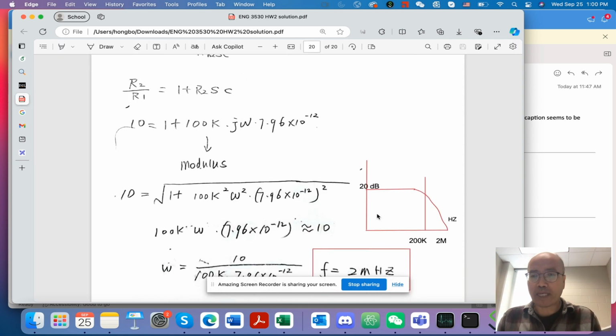To summarize: based on the DC gain here, 20 dB, you can calculate R2.